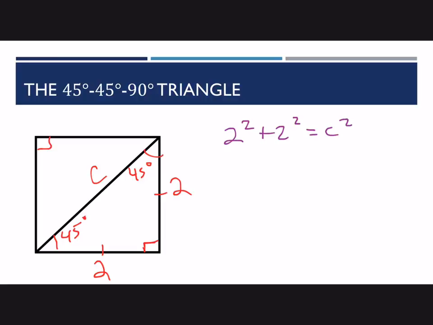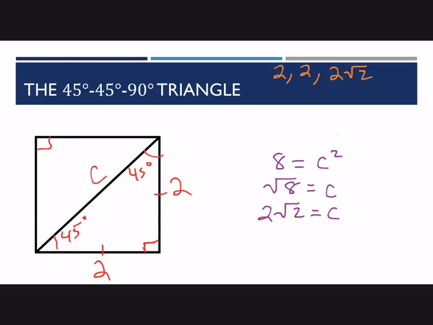Okay, so we would get 2 squared plus 2 squared would be 4 plus 4, which would be 8. And then when you square root that, you get C is square root of 8, and we're just going to take the positive square root since it's a length. And then when you simplify, this becomes 2 square root 2. Okay, so C would be 2 square root 2. So that's one example. So we could have side lengths 2, 2, and 2 square root 2.